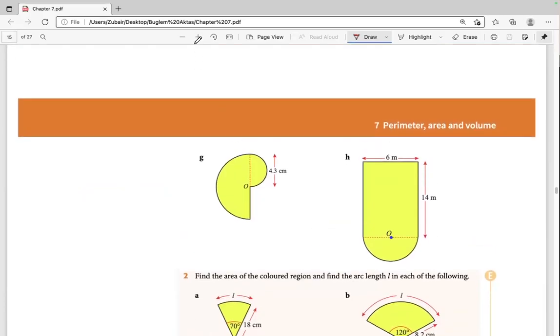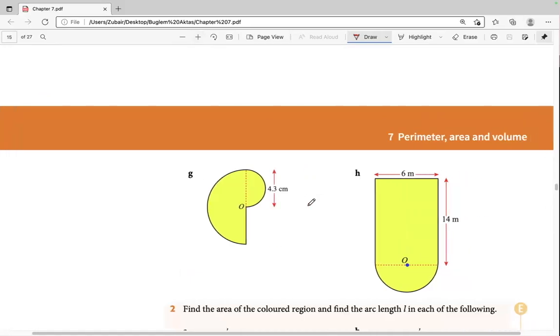Okay, that's a cute shape, G part. So area first, and when we look at the area, I am looking at two semicircles. The first one, the larger one, is going to be pi r square by 2, and then the smaller one is going to be pi r, in this case r is half of 4.3, by 2.